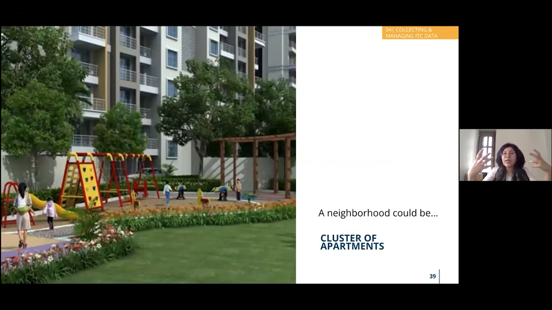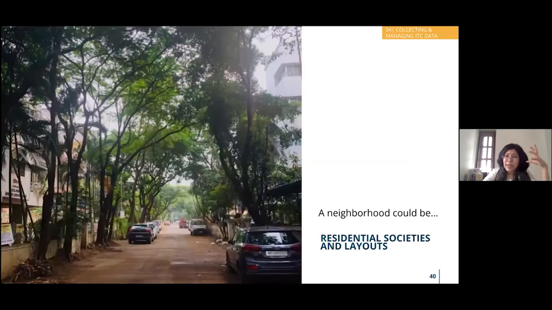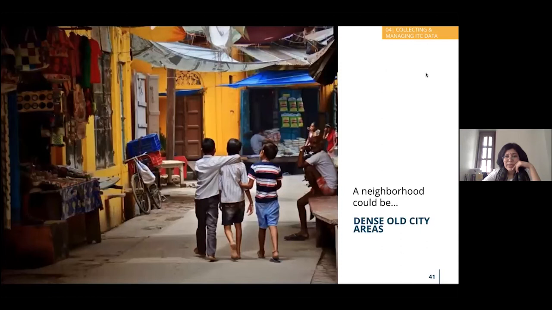Is it really designed to meet the needs of ITC, etc.? Then it can also be layouts. बहुत शहरों में लेआउट्स आर वेरी पॉपुलर, राइट? पुणे में शायद लेआउट्स है, बैंगलोर हैज अ लॉट ऑफ लेआउट्स डन बाय बैंगलोर डेवलपमेंट अथॉरिटी. सो अ पर्टिकुलर लेआउट, block, I think in Noida or Ghaziabad or Gandhinagar, there's also the concepts of blocks. So we can also look at blocks, if we can identify those as neighborhoods.